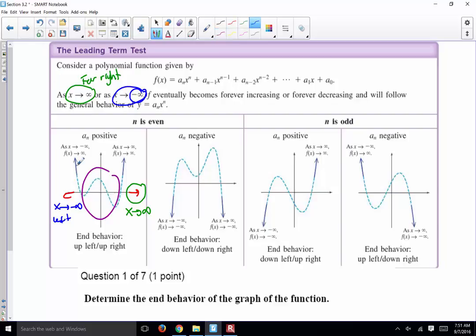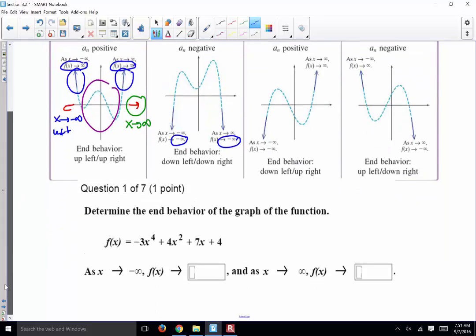And by the way, to say the left arm or right arm going to infinity, this is the symbol we use: f of x going towards huge values. And if you want to say one branch going down, this is the symbol we use: arrow and minus infinity. f is going to negative huge values or positive huge values.